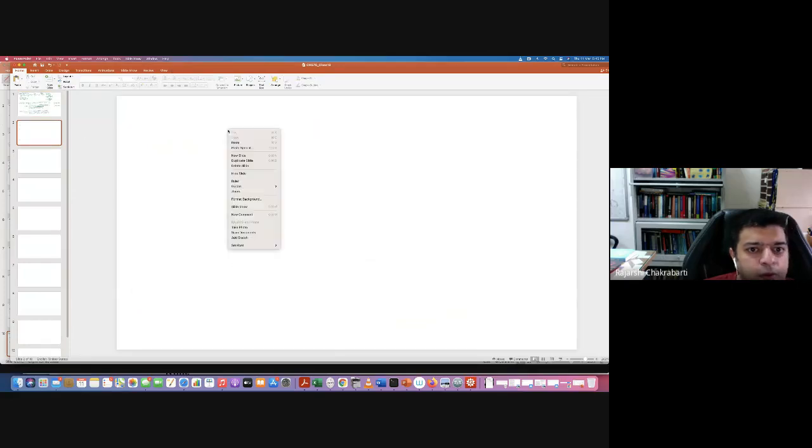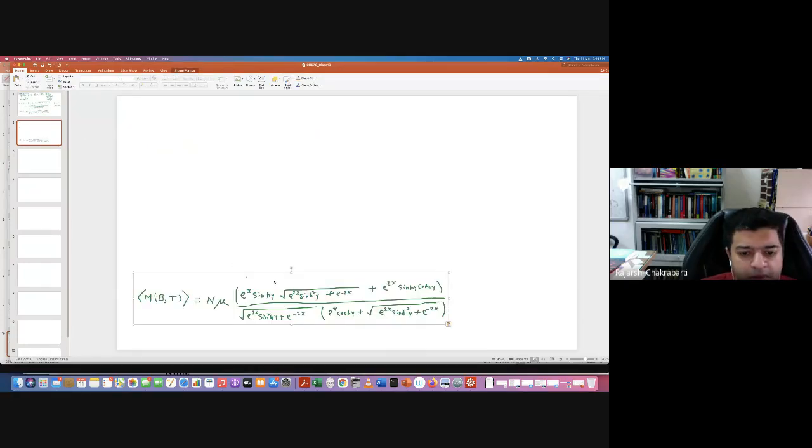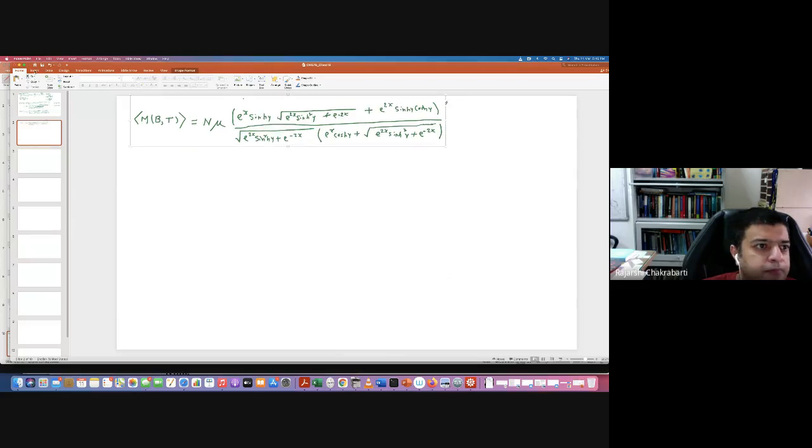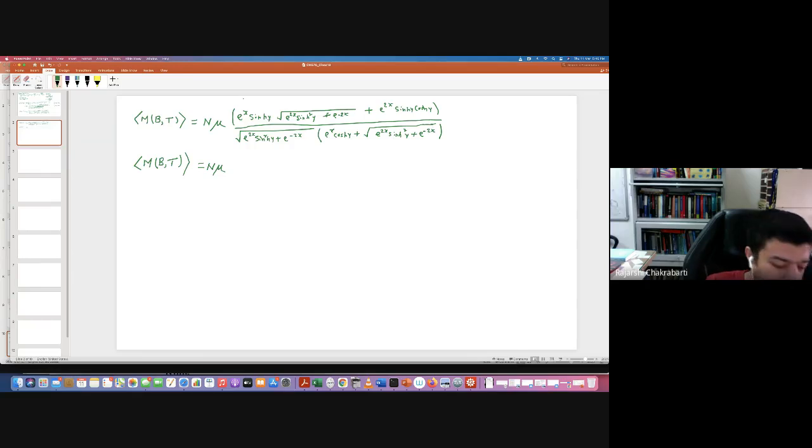So let us go and paste it here. So this is your expression for this. And then what you can do is say, okay, your M(T, B) is n mu. Here you can see you can take the exponential of x common, with sinh y.